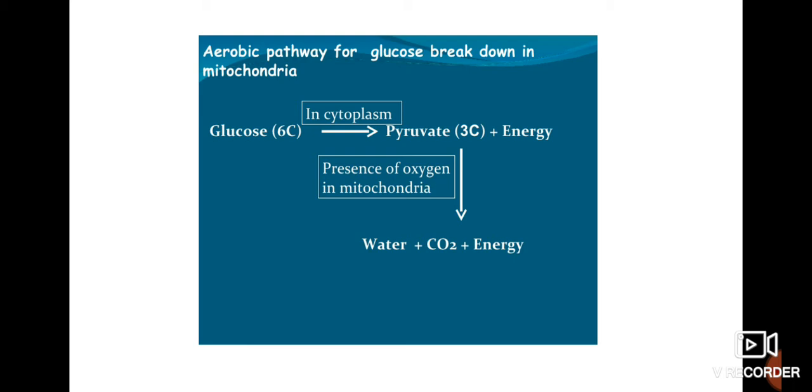As it breaks down, it will produce carbon dioxide, water, and in total around 38 ATP molecules. This is why we say that complete breakdown of food takes place in aerobic respiration, whereas in anaerobic respiration, incomplete breakdown of food takes place.